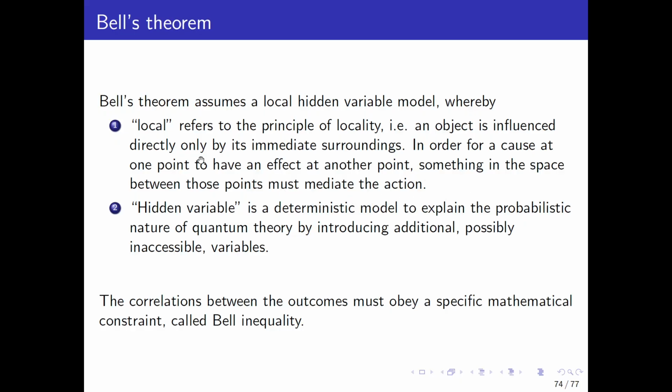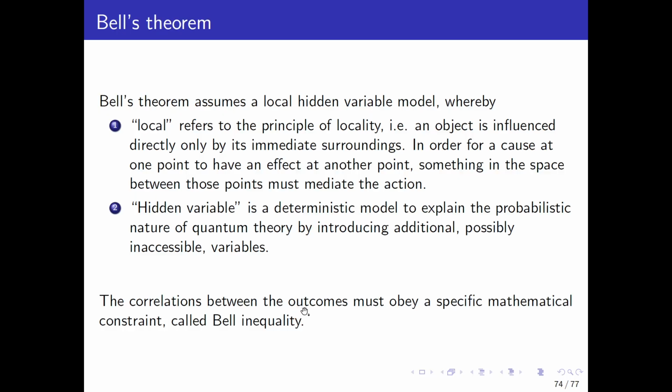The second part is again the same thing: you have some hidden variable which you cannot reveal in reality that explains the probabilistic aspect of quantum theory. So what Bell's theorem says is that the correlations between these different outcomes have to obey some constraint, called the Bell inequality.